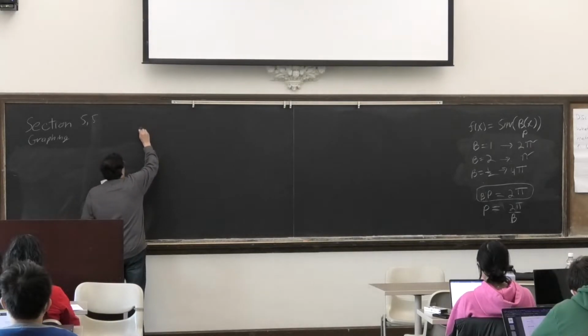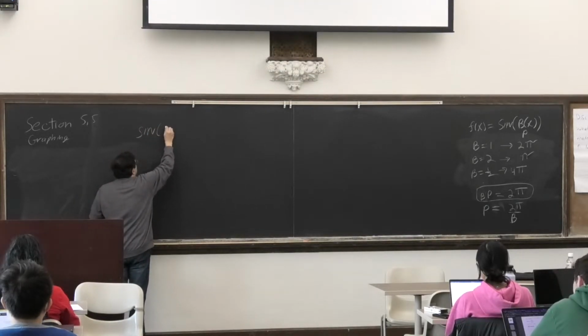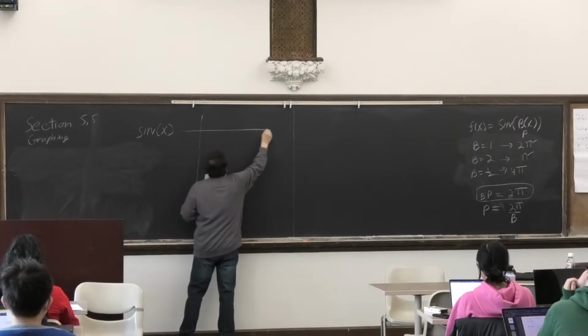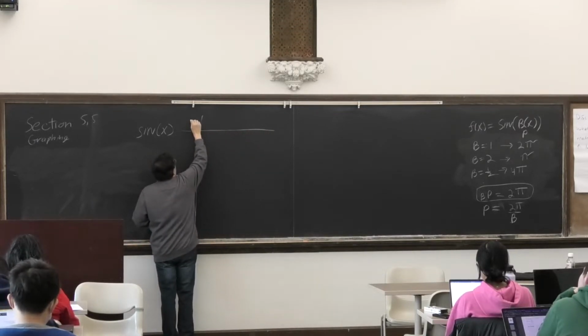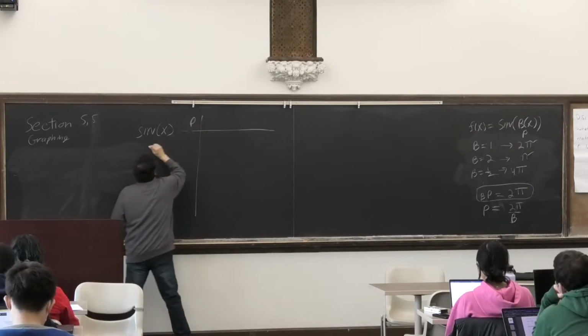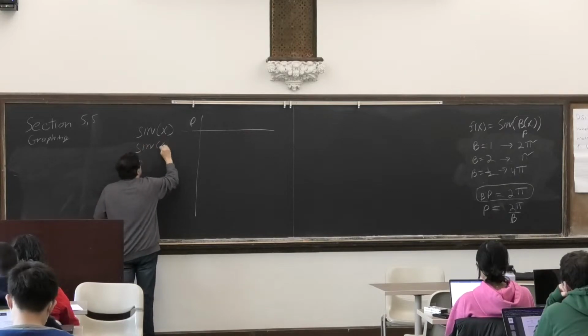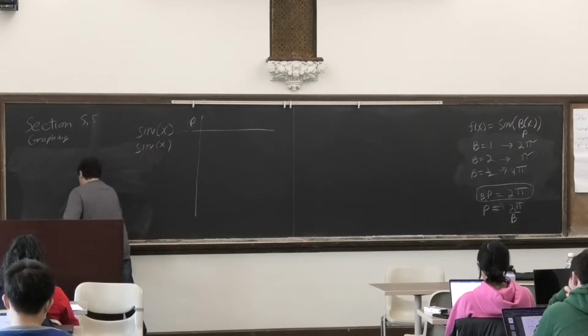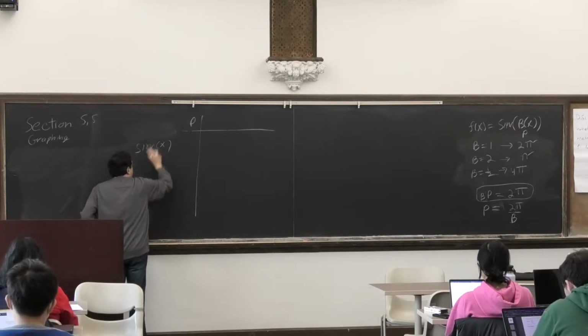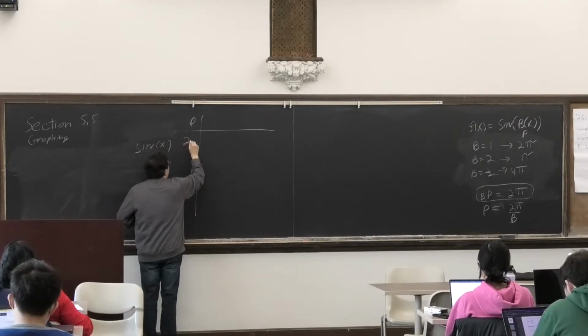So we have the sine function, and what do we have here? We have the period. I have to move this down. Period is 2 pi.